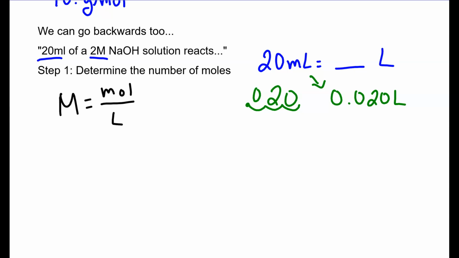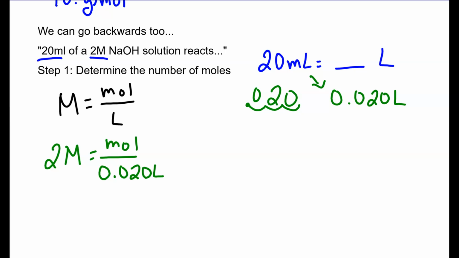Then I'm going to plug in. I have a 2 molar solution. I want to find out the number of moles, and I know that it is a 0.020 liter solution. So how many moles do I have? Simply cross multiply here to find your number of moles.